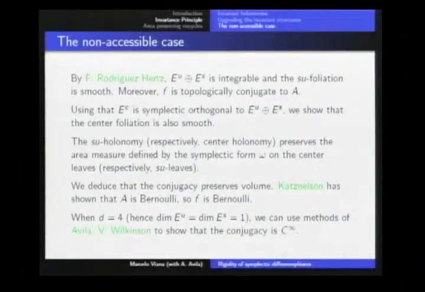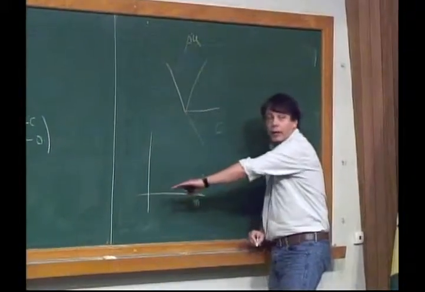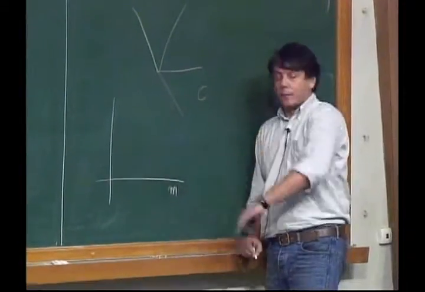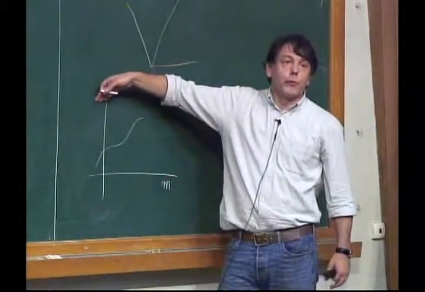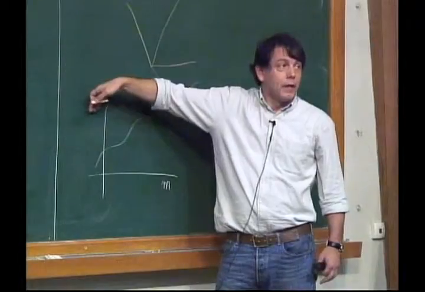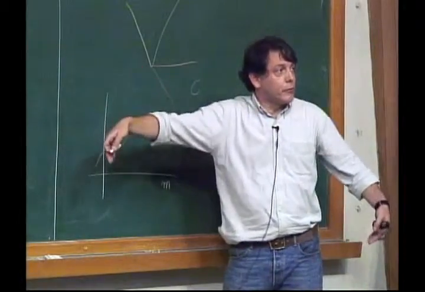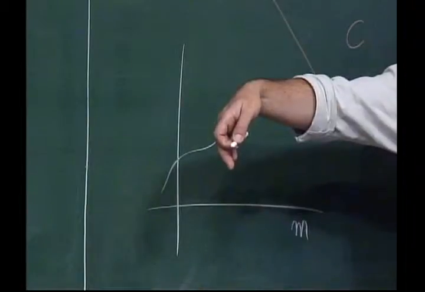If you have a smooth measure on the real line, smooth area, and you have a transformation from the real line to the real line that preserves this smooth measure, then the transformation has to be smooth. And that's a very one-dimensional thing.